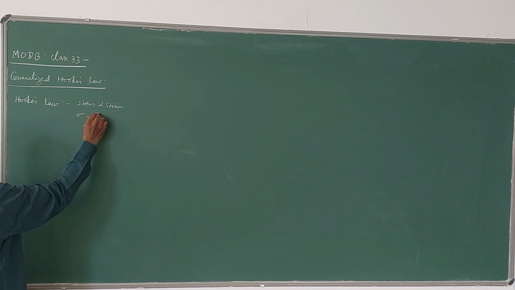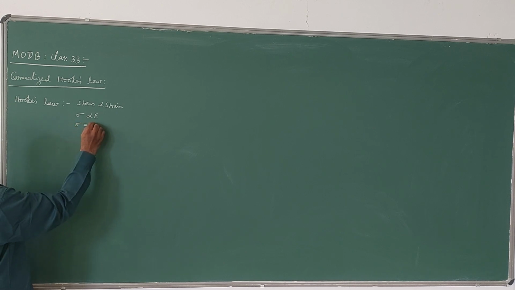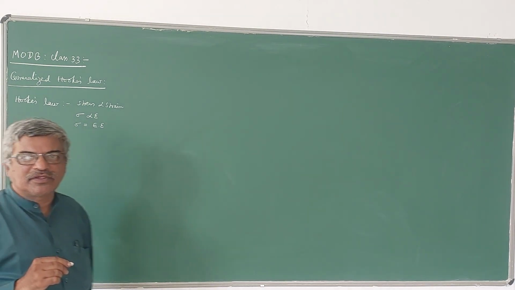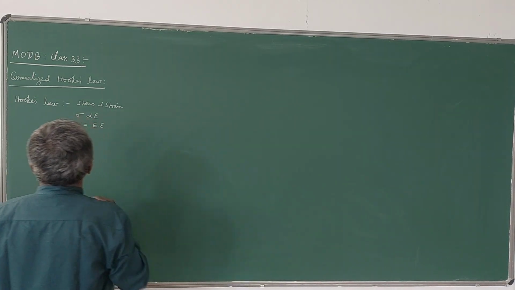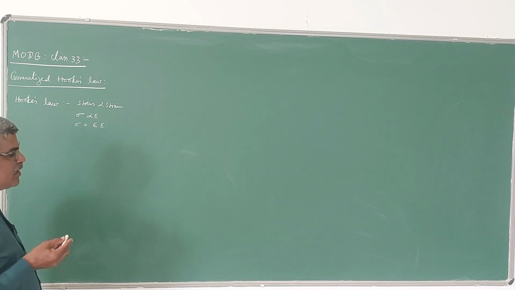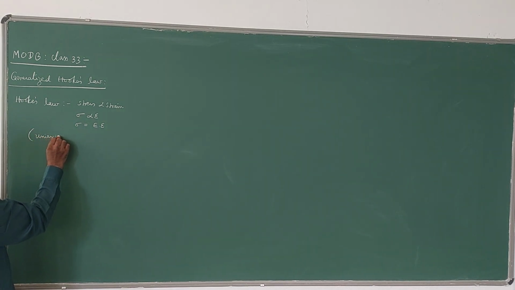Sigma directly proportional to epsilon, or sigma is equal to E into epsilon, where E is the Young's modulus, or modulus of elasticity of the material of the object. This is Hooke's law. Now, this of course is valid for uniaxial loading case.